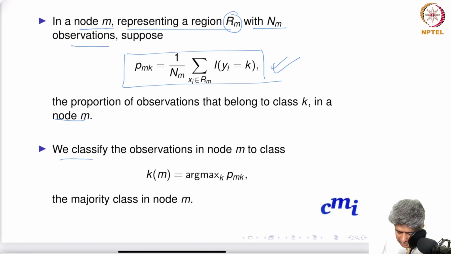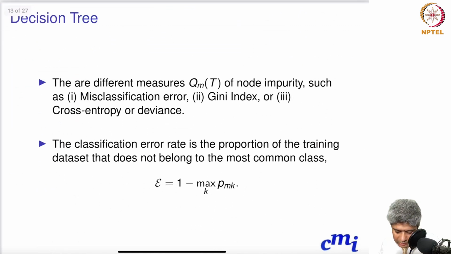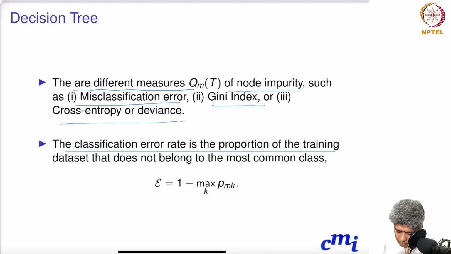And we classify the observations of node m by taking argmax over k of pmk, the majority class in node m. There are different measures of node impurity, such as misclassification error, Gini index, cross entropy, or deviance. The classification error rate is the proportion of the training dataset that does not belong to the common class, so epsilon equals 1 minus max of pmk.